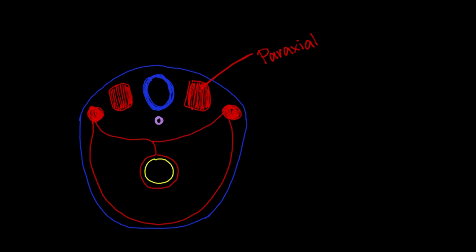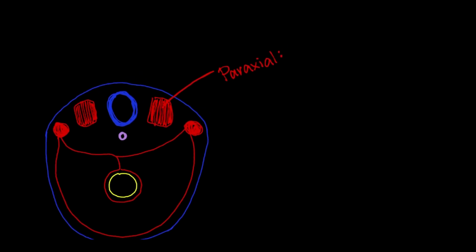Those little balls will further differentiate into what's called the sclerotome, the dermatome, and the myotome. For our purposes, we're interested in the sclerotome. But in general, the paraxial mesoderm is going to form the vertebra and the ribs, as well as the skull.